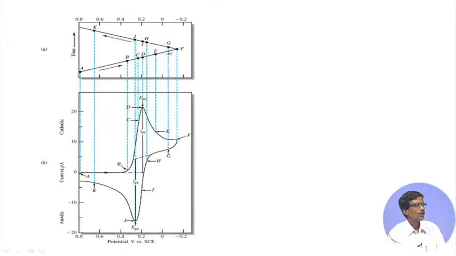Okay. So with respect to time, what the instrument is measuring for us is your potential, and we know the potentiostat as well as the galvanostat measures the current.